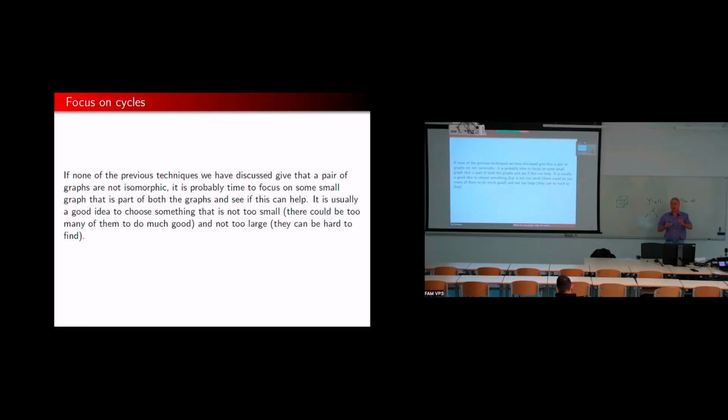You also don't want to look at large things, because large things can be hard to find, or hard to find all of them. So in some sense, we want the Goldilocks, the three bears. We don't want our porridge to be too hot. We don't want it to be too cold. We want it to be sort of just right.